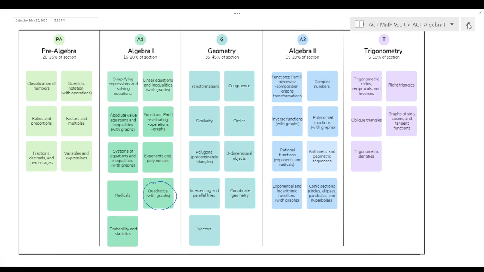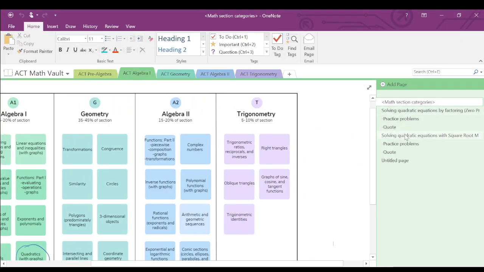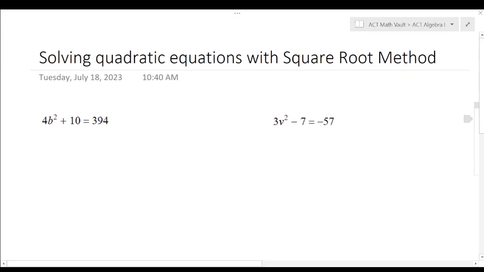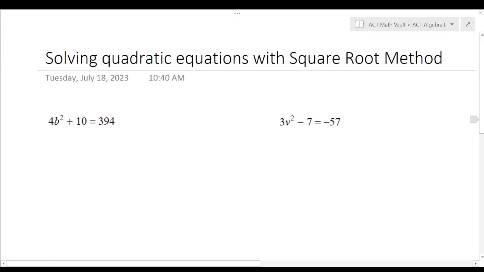So for this type of problem, using something like the factoring method, the quadratic formula method, or completing the square just doesn't make as much sense as the square root method. So I want to do an easier one and a slightly harder one for you here.